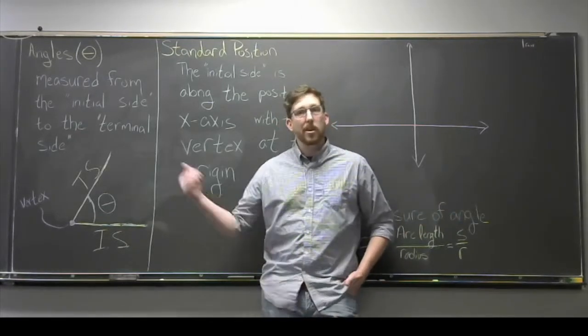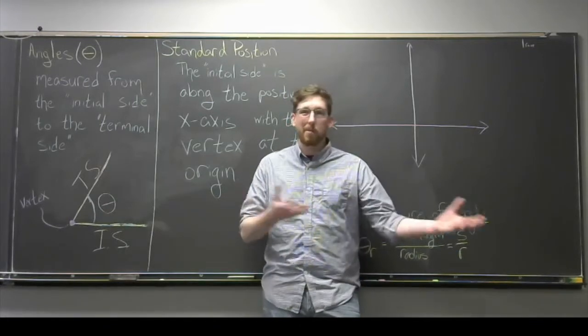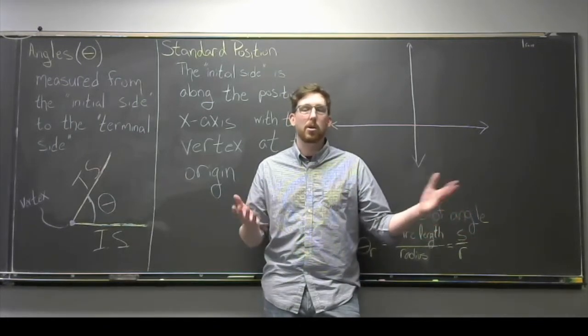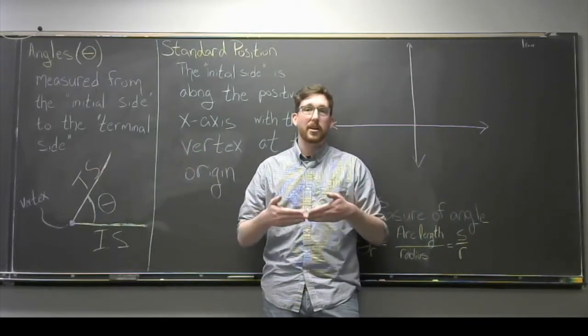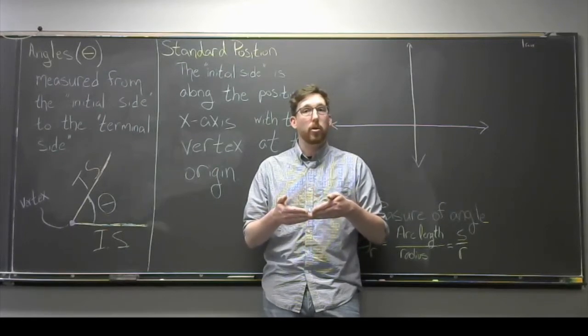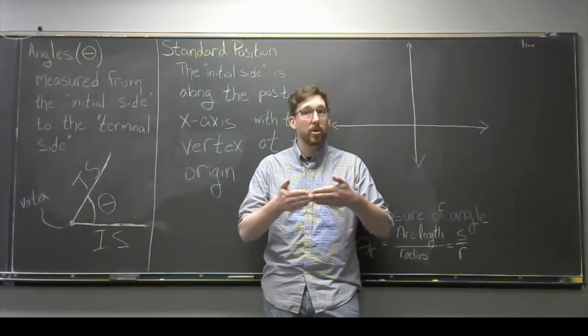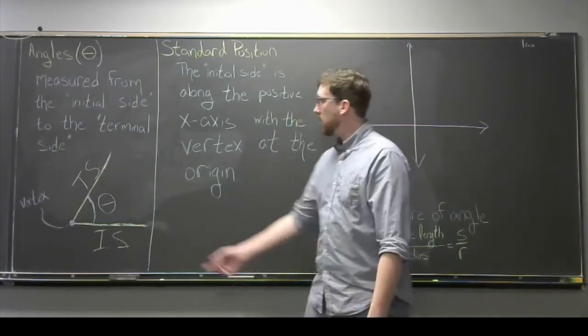To start off with, let's talk about angles. We generally know, just from our previous experiences with high school and all, what an angle is, right? We've got these two rays, they're connected at a single point, and we want to be able to measure the separation between their ends. Well, that measurement is what we call an angle, right?